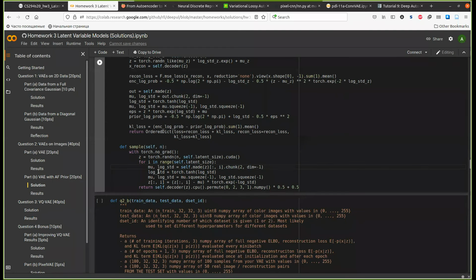Then we transform it with an inverse transformation as compared to what we had here. So here you see the transformation is multiply z by the standard deviation and add mean, which is equivalent to the reparameterization trick we did to our randomly sampled normal variable before. And here we do the inverse transform of that.